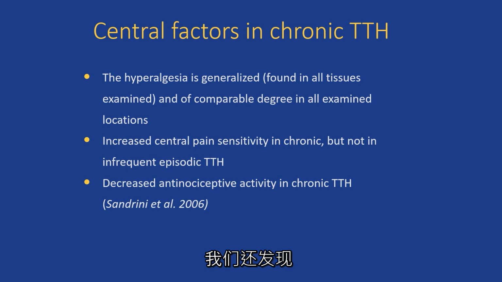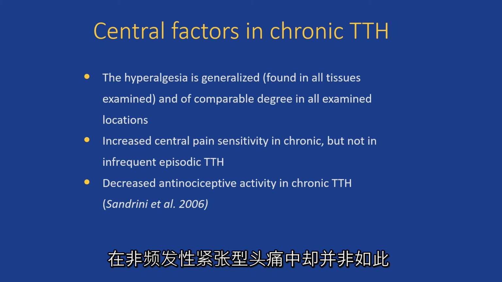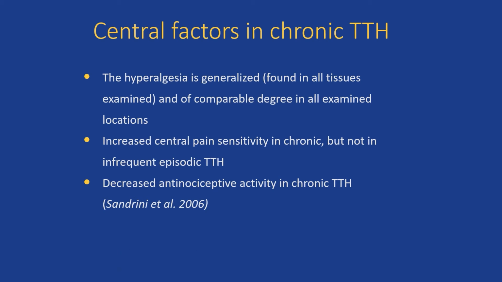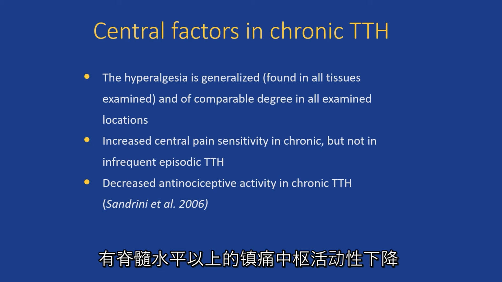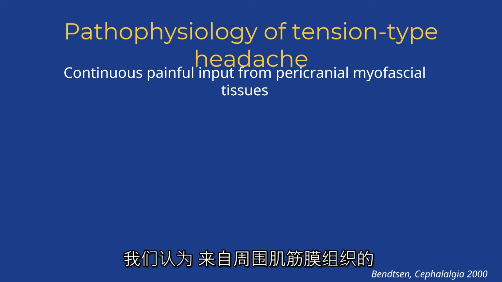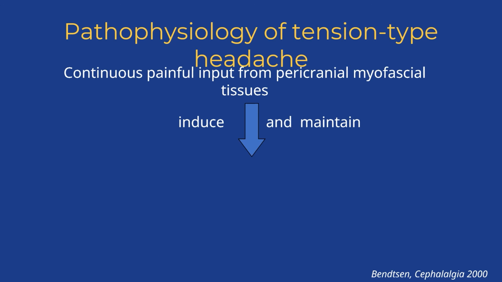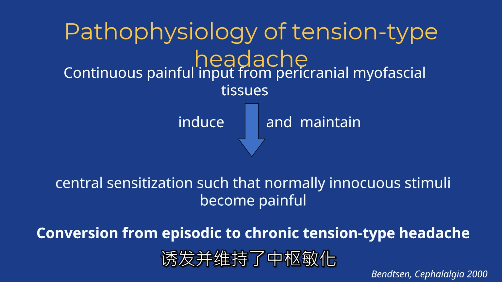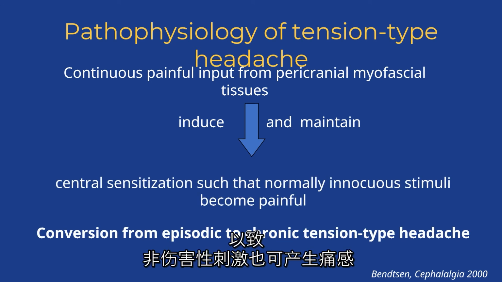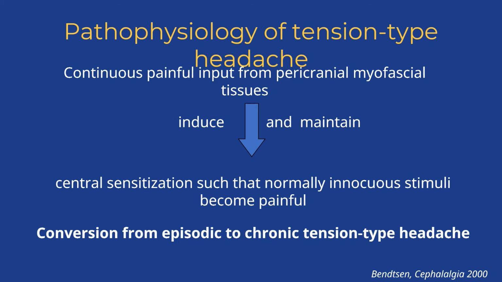In addition, we found an increase in central pain sensitivity in chronic, but not in infrequent episodic tension type headache. Also, decreased supraspinal antinociceptive activity was observed in chronic tension type headache. We believe that continuous painful input from peripheral myofascial tissues induce and maintain central sensitization, so the normally non-noxious stimuli become painful, and we observe conversion of episodic to chronic tension type headache.